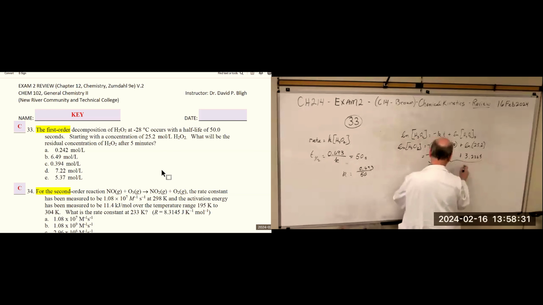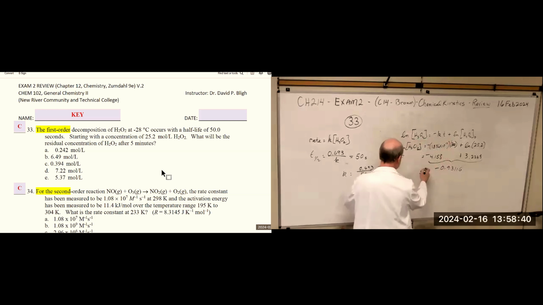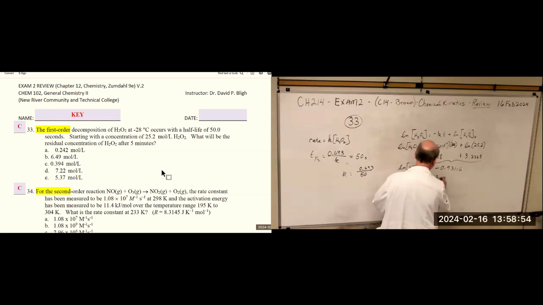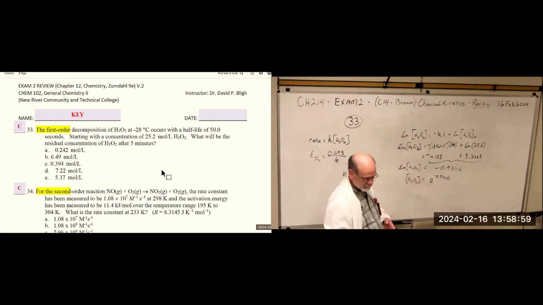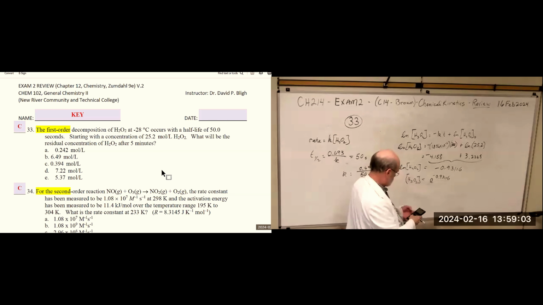And these two values together are negative 0.93116. And that's equal to the natural log of that concentration. So this concentration here, H2O2, is actually e to the minus 0.93116. Let's see.